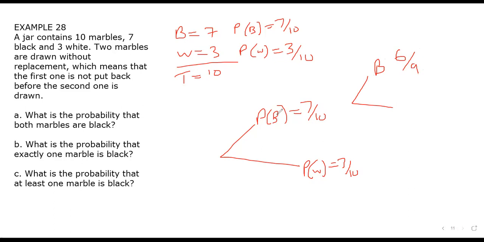But if I get a black and now a white, which number will reduce? The number of white marbles, from 3 to 2, and the total will reduce to 9. Are you following?